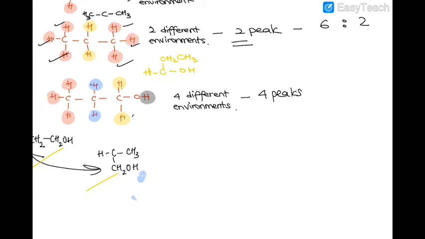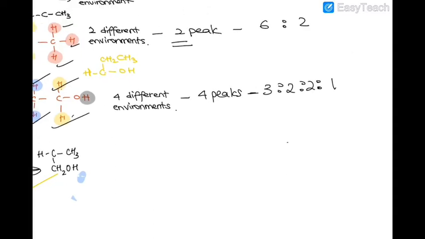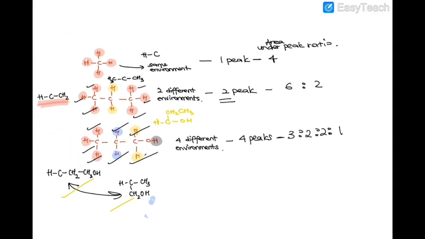Then for this one, you're going to have 4 peaks, and the 4 peaks are going to be in the ratio of 3:2:2:1. So the ratio of the areas under the peaks gives us information of how many protons you have in that particular environment.